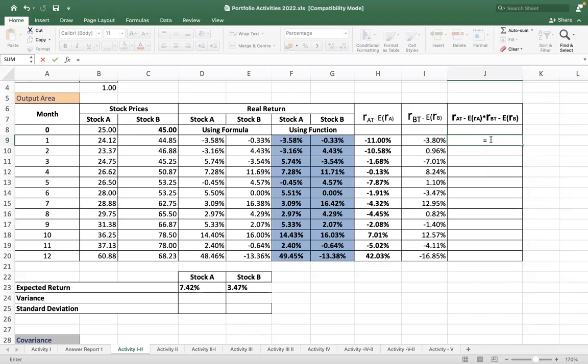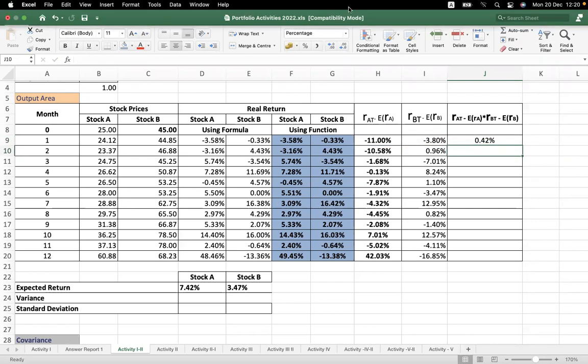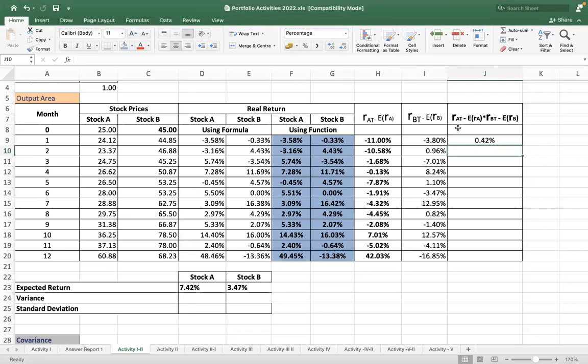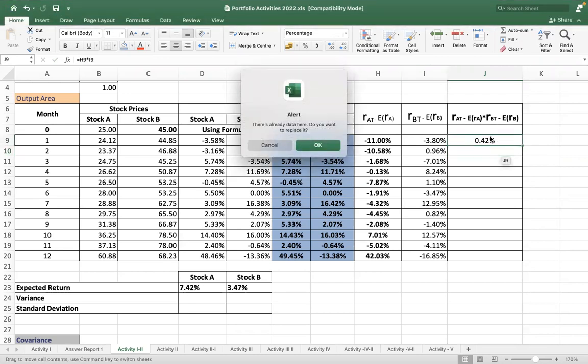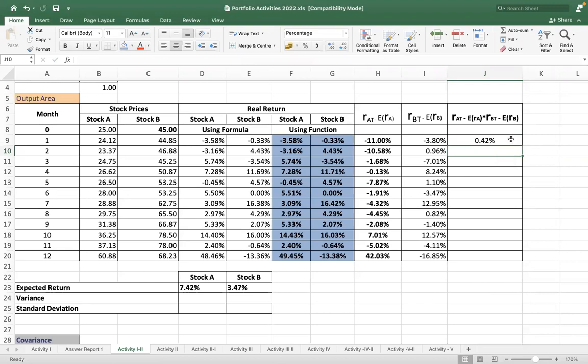Then we can multiply these two. Then press enter. What I did is equal this one multiplied by this one. Press enter. Then double click on it.